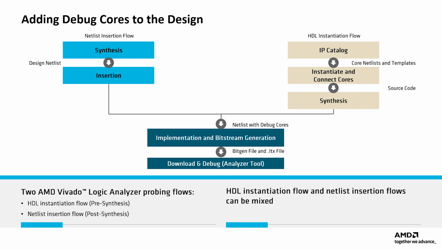Regardless of how the cores are inserted into the design, after the final netlist is generated, the rest of the flow is identical to a non-logic analyzer flow through the implementation tools and bitstream generation. The Vivado hardware manager is used to download the bitstream to the FPGA, and the logic analyzer can then be used to interact with the debug cores in the FPGA.